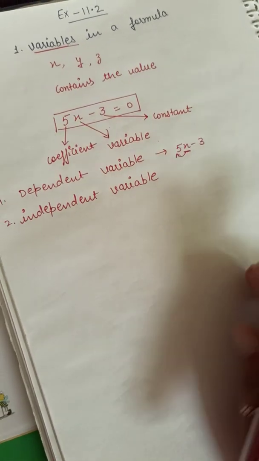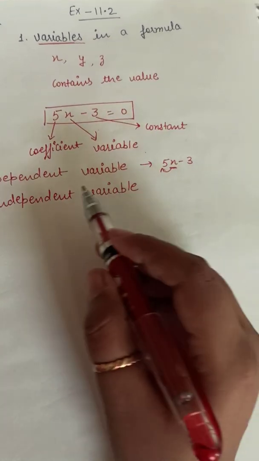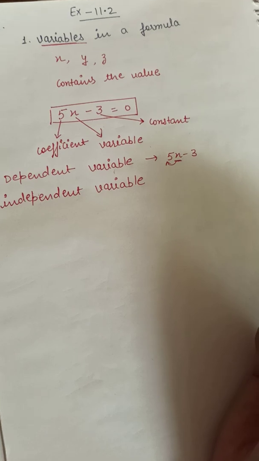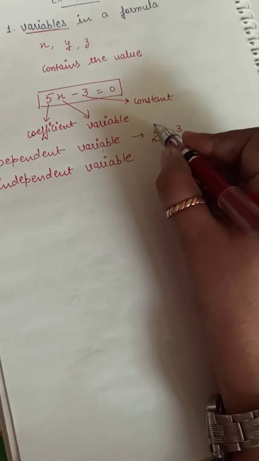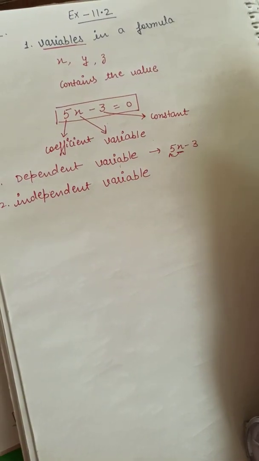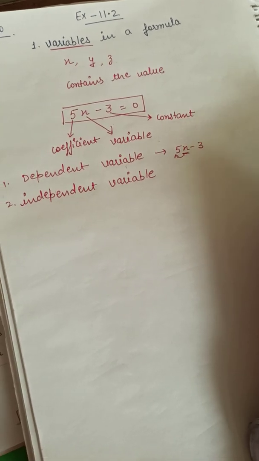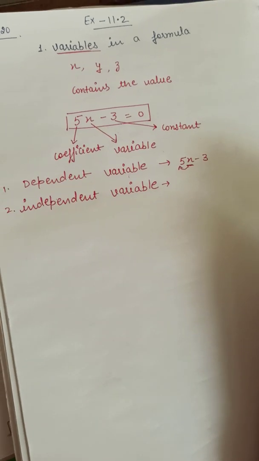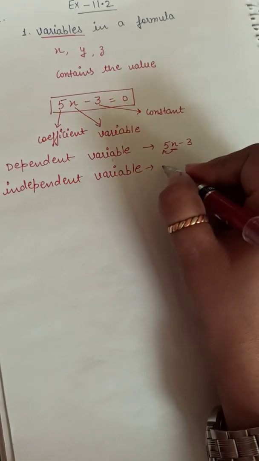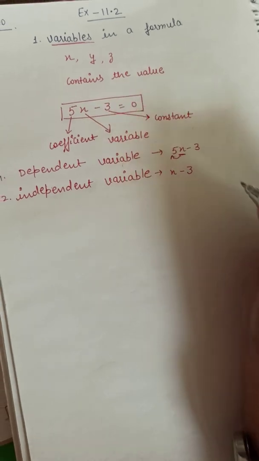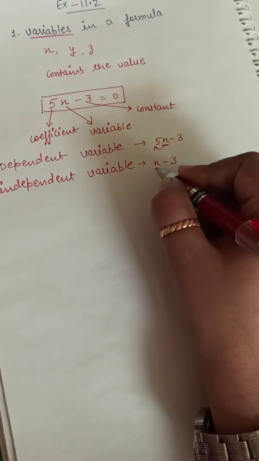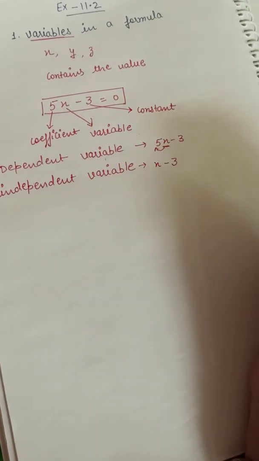Is it clear to everyone that a dependent variable is the variable which depends on others for its value? Now independent variables are the variables which do not depend on others for their value.